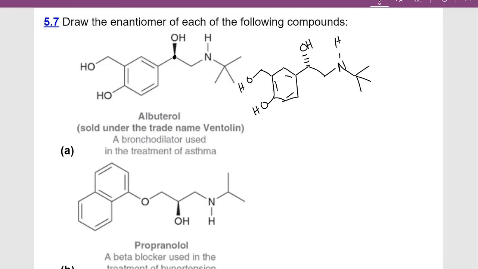Now for propanolol, we have this bicyclic system, this fused ring system. Okay.